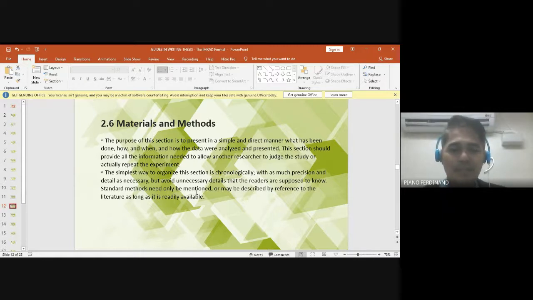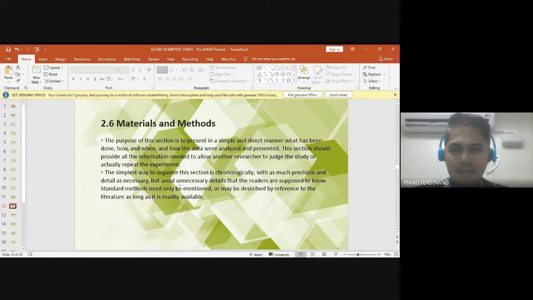So chronological daw po yung sundin nating order, no? Of course, hindi naman po kasi dapat isinusulat natin yung content ng ating research nang walang direksyon, no? So the chronological order is the most preferable order, no? Or yung type ng sequence ng ating mga discussions.